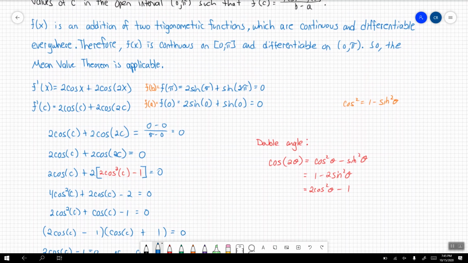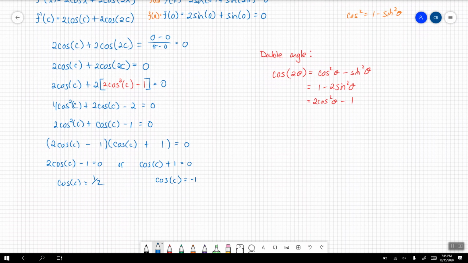Now, we are given the interval from 0 to pi, so within the interval from 0 to pi, which c values cause this derivative to be 0? Well, for cosine of c to be negative 1, c is actually going to be pi, because if we take cosine at pi, then we get negative 1.